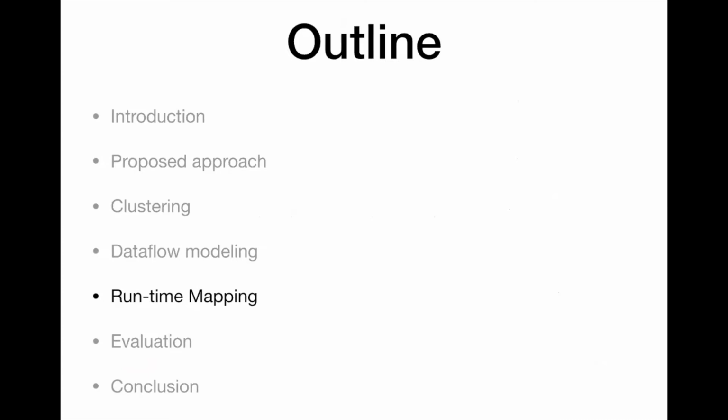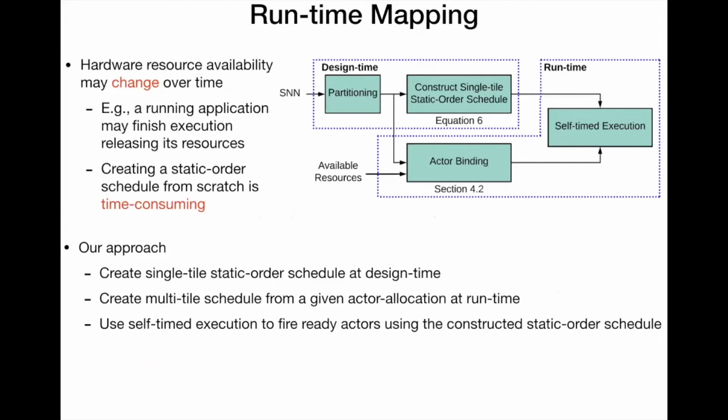Next, we discuss a strategy to map the SDF graphs at runtime onto the tiles. So at runtime, the resource allocations may change, or the resource availability may change over time. This is because, let's say, one application running on the hardware may finish execution, and the resources can now be distributed to other running applications to increase their performance.